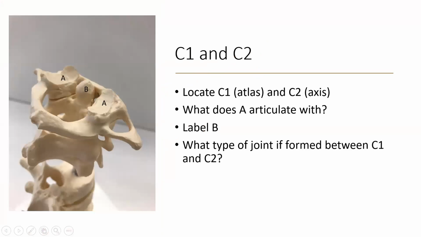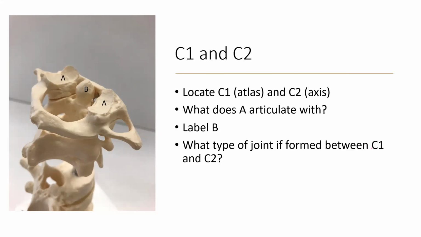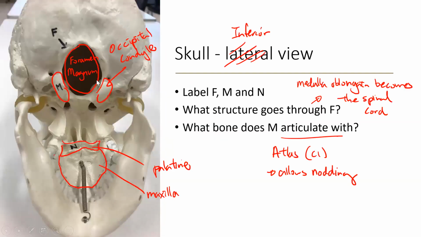So here we have the C1 and C2. C1 is the atlas. These grooves are where the occipital condyles will sit. Remember those two round knobs at the bottom of the skull?